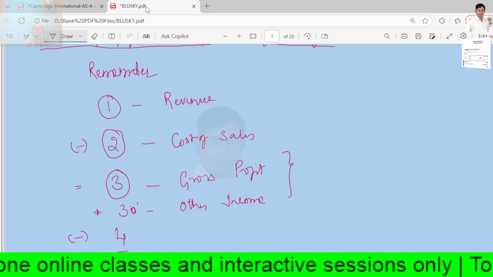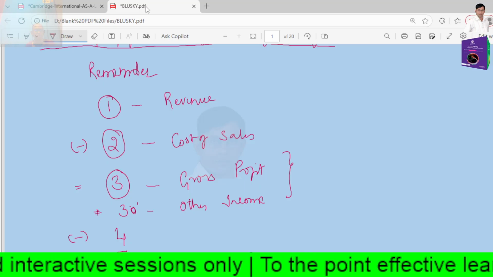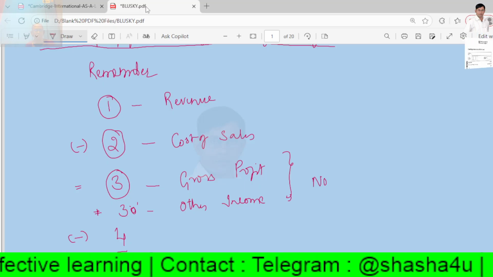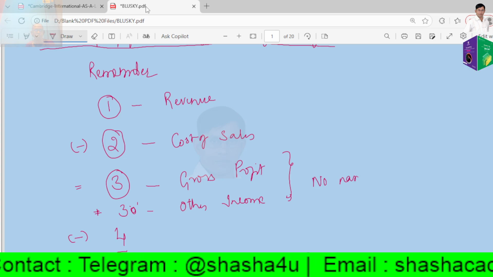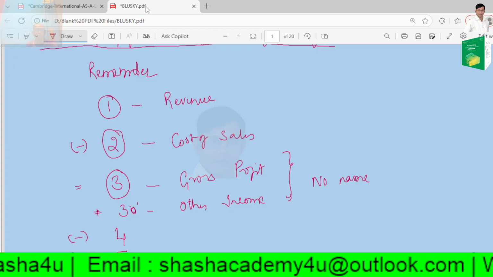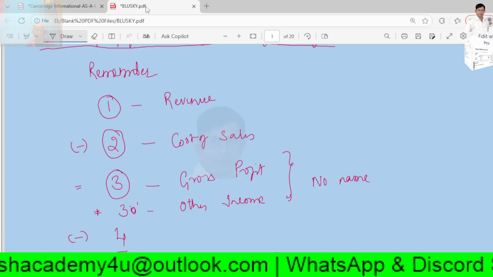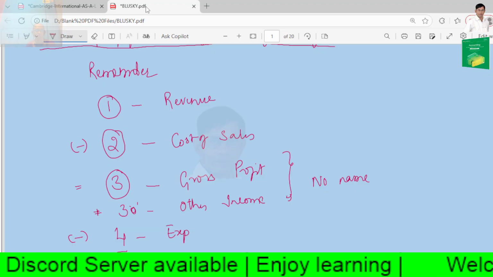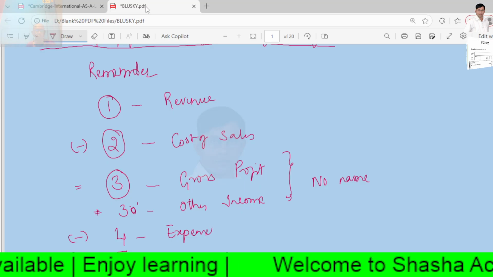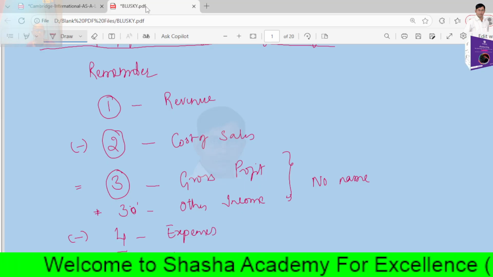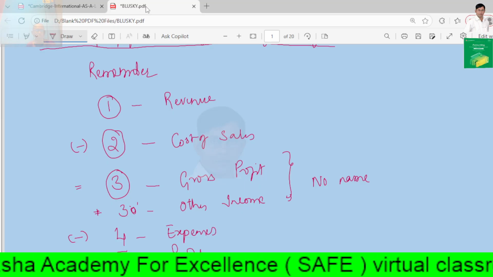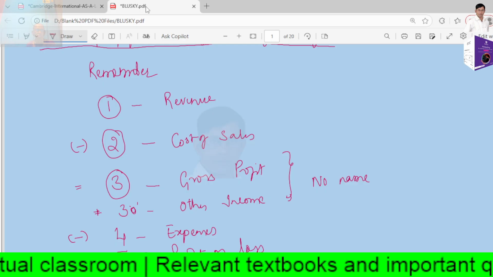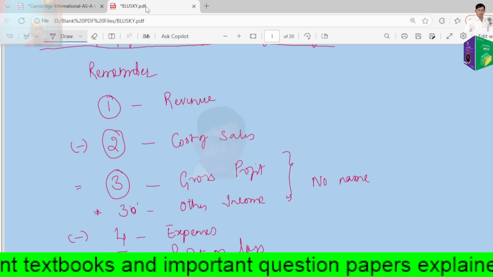So this plus this plus this has no name; I will discuss what this is. Then minus 4 is expenses. This will give profit or loss.